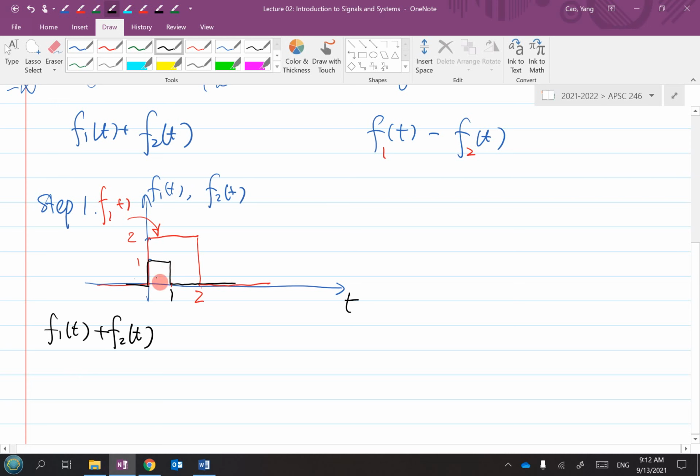Graphically, you can look at the chunk of the graph here. For example, when t is less than 0, this is 0 here. When t is less than 0, both of the functions' values are 0, right? So when you pick any location on the left side of t equal to 0, both of them are 0.